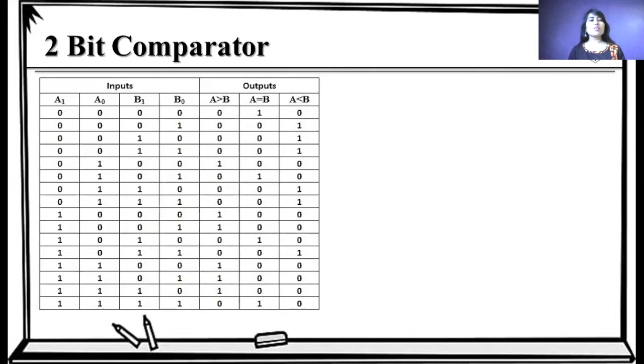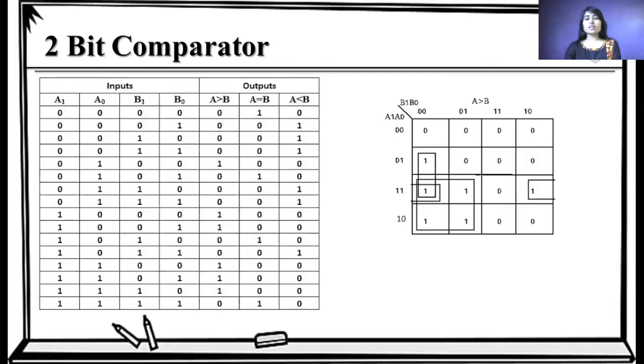So whenever A1 and B1 differ, we can easily write A greater than B or A less than B. But if A1 and B1 are the same, then compare the next bit. This is how we can make a truth table for these 16 possible combinations.